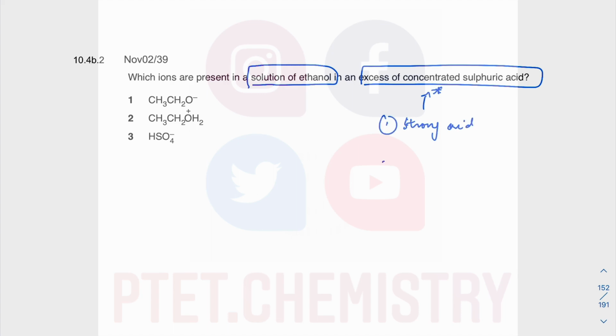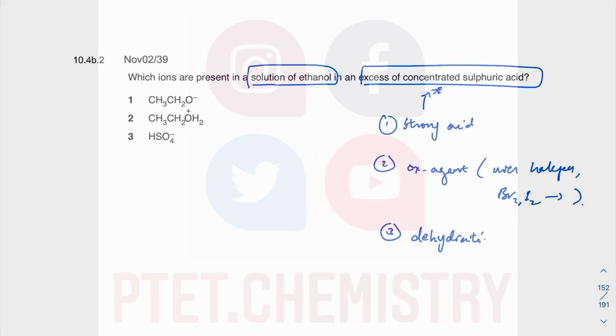It can be an oxidizing agent with the halogens, but not chlorine, only from bromine, iodine onwards. But we know it's a weaker oxidizing agent than chlorine. These are part of your group 17 chemistry, very popular. But we also know it as a dehydrating agent, and it is the third function here that is important in the case of ethanol.